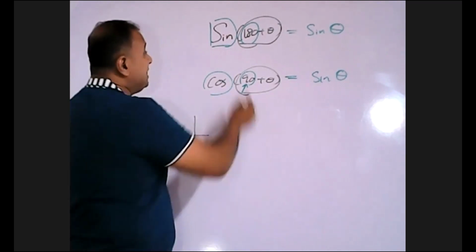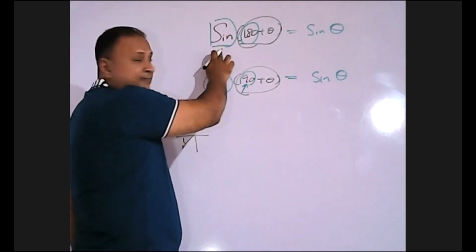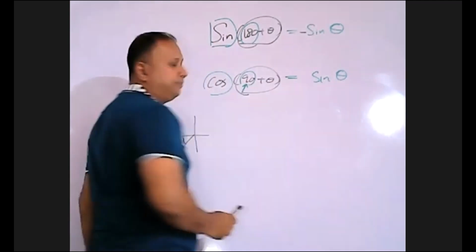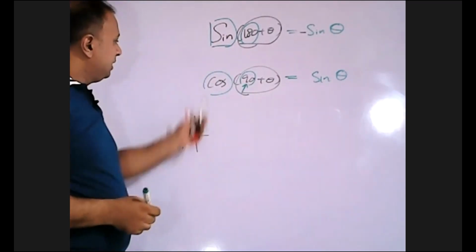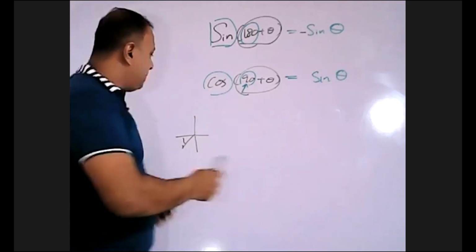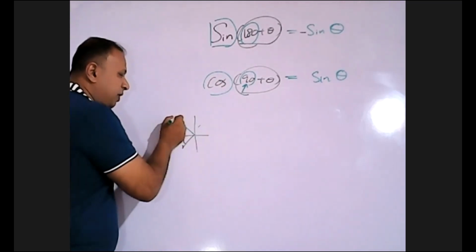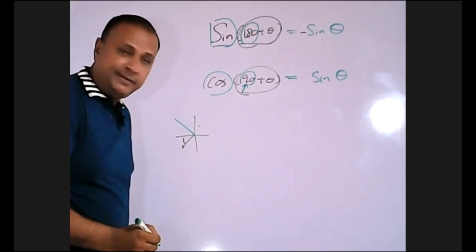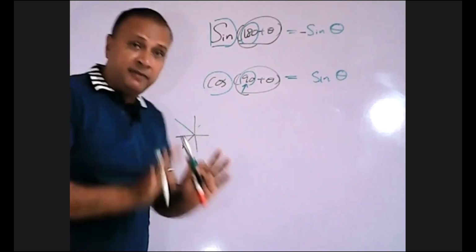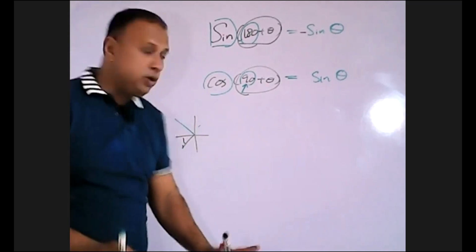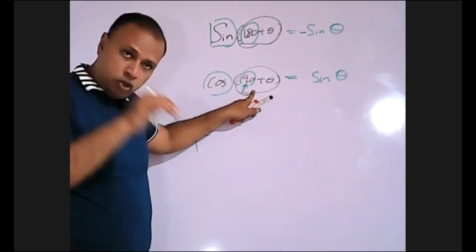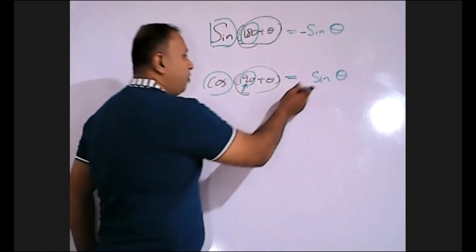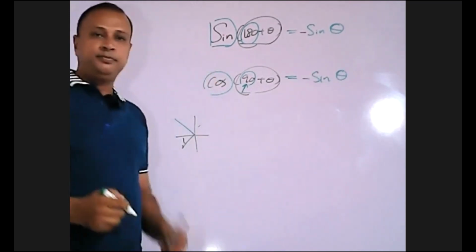So the sine value of the third quadrant is minus. Look at this: 90 plus theta belongs to the second quadrant. In the second quadrant only the sine values are positive, all the others are negative. That means the cos value of this angle should be negative.